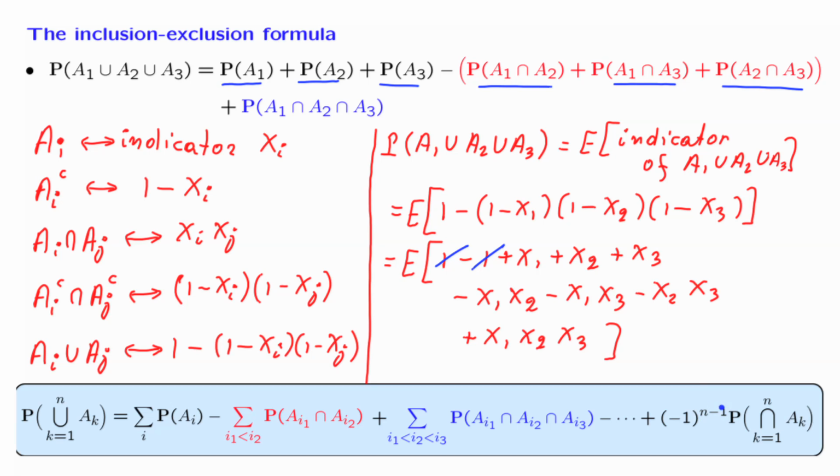And this exponent here of n minus 1 is the exponent that you need so that the last term has the correct sign. So for example, if n is equal to 3, the exponent would be 2, so this would be a plus sign, which is consistent with what we got here. So this is a formula that is quite useful when you want to calculate probabilities of unions of events, but also this derivation using indicator functions is quite beautiful.